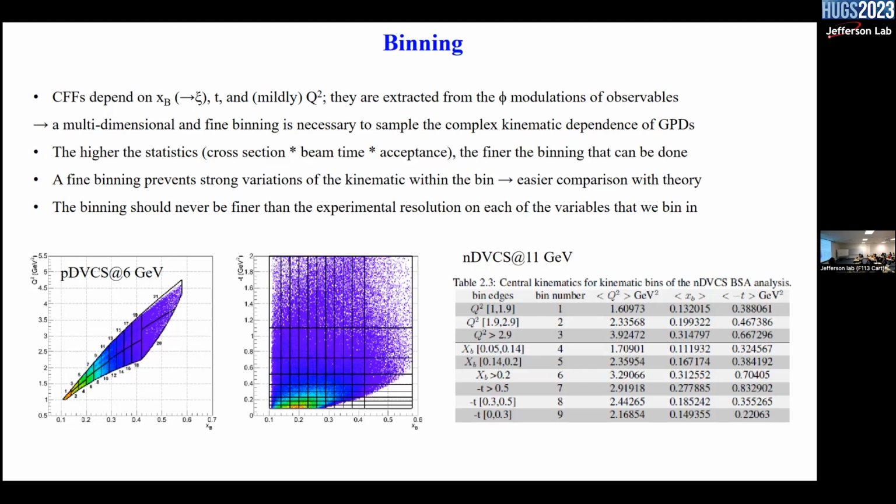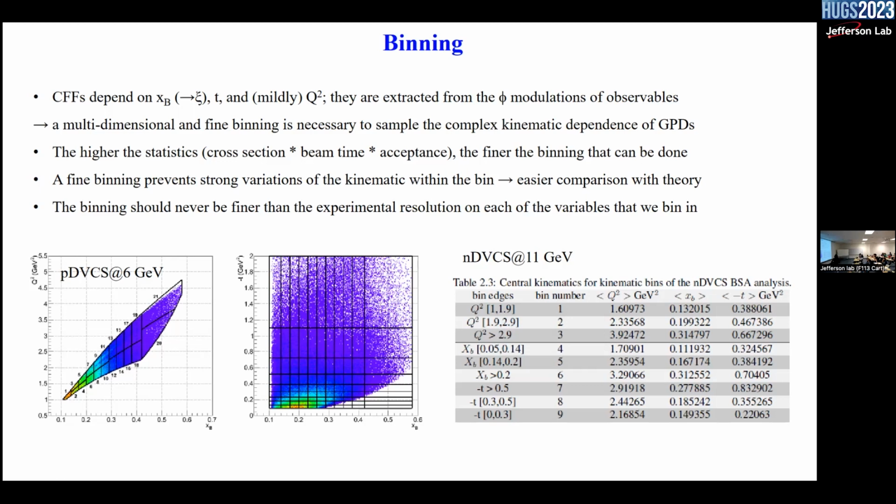And I'm showing you two extremes of what we did. These were the proton DVCS data for CLAS, and here we could do 21 bins in Q square and x, and like 8 or so bins in t, so it became a huge grid of experimental points.